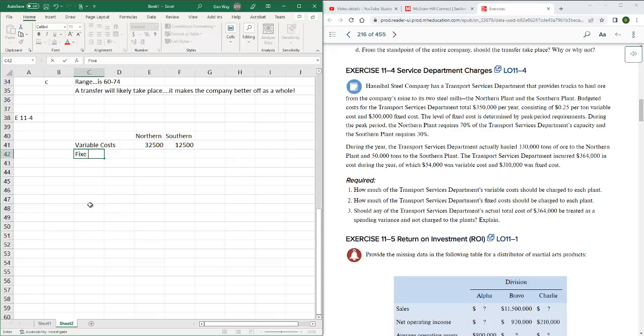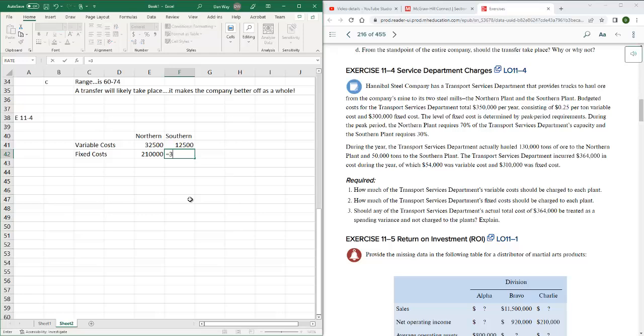Now the fixed costs should be charged based on the peak period requirements, right? So here we were told that was 70% for northern, 30% much smaller for the southern. So the fixed cost being charged here for transport services would be 70% times that expected fixed cost of $300,000. Similar idea for the southern.